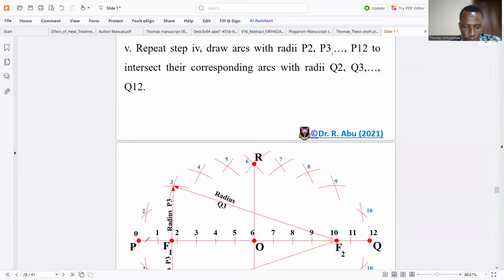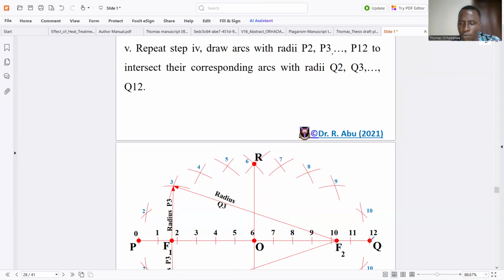Then come to Q. Open your compass from Q to 1. Put it on F2. Cut the previous arc. So let's look at 2 now. Put your compass on P to 2. Then with F1 at your center, cut up, cut down.